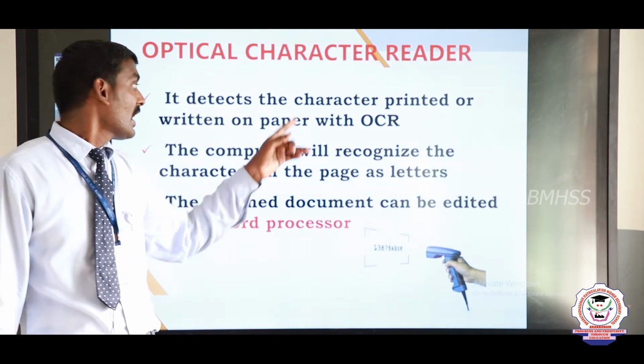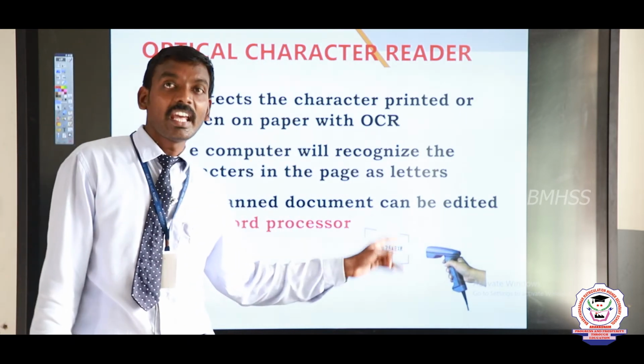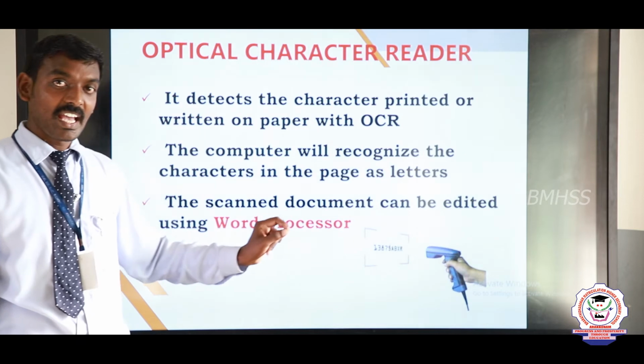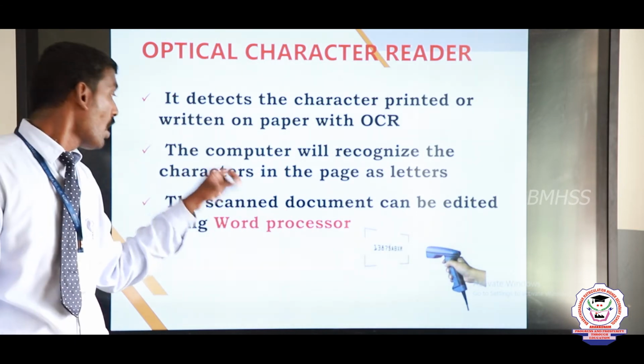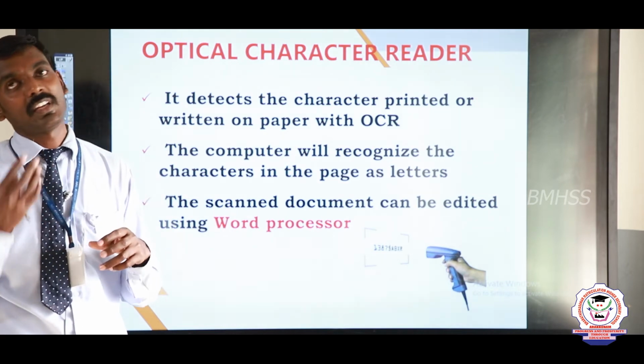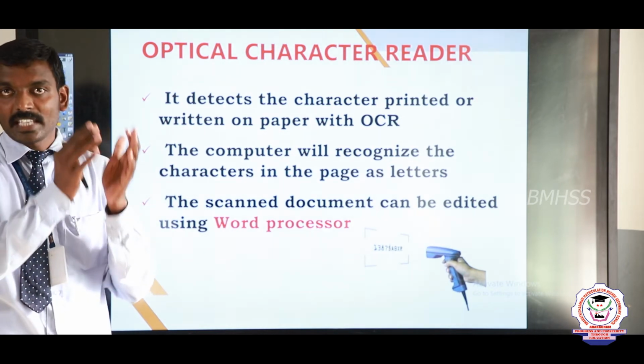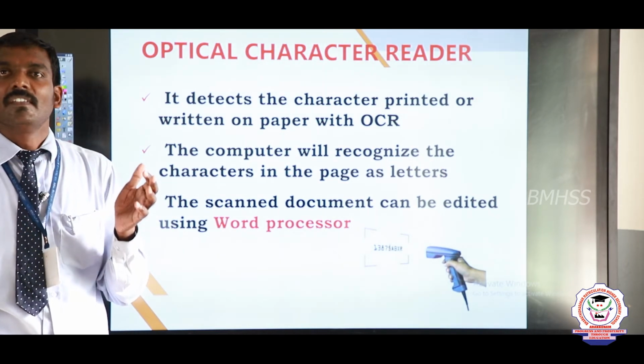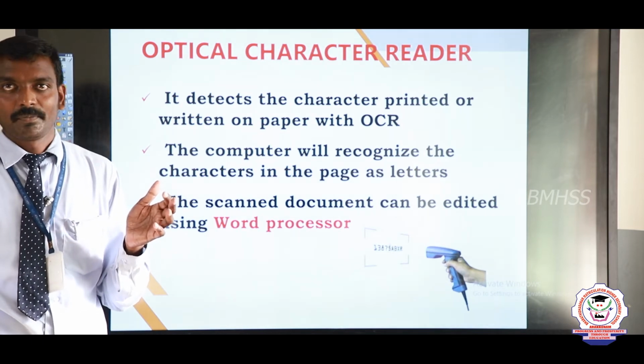Here the OCR character reader can read character by character in a printed document or book that can be worked within a word processor. Why do we want to work in a word processor? That scanned content can be stored in a word document. Are you clear?